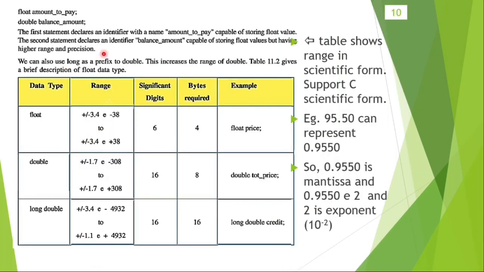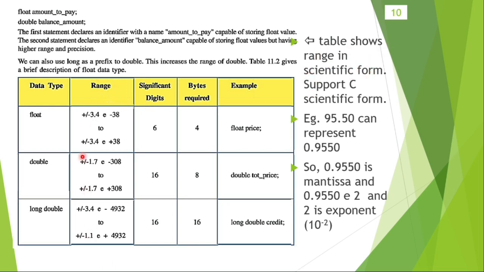Here it is the float data type. For the 3 types, the use and range are given, significant digits are given, and bytes used are given with an example. So let's check one by one. The table shows range in scientific form.